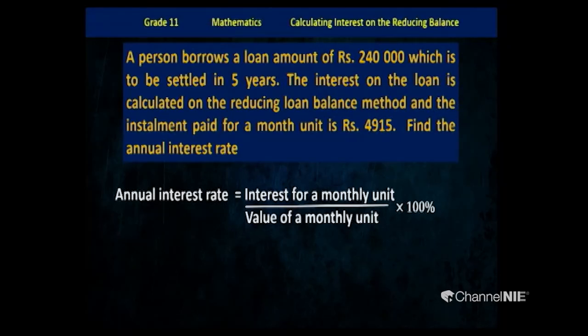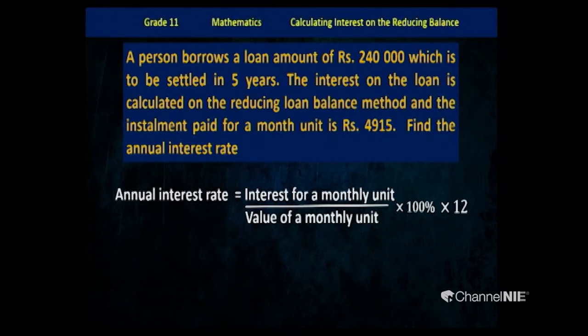But look at that fraction, interest for a monthly unit upon value of a monthly unit. Both are monthly. Therefore, what you get as this percentage is the monthly interest rate. But the question asks annual interest rate. Therefore, if you know monthly interest rate, multiply it by 12. When you multiply it by 12, you will get annual interest rate.